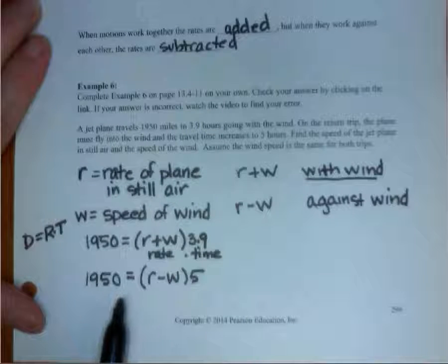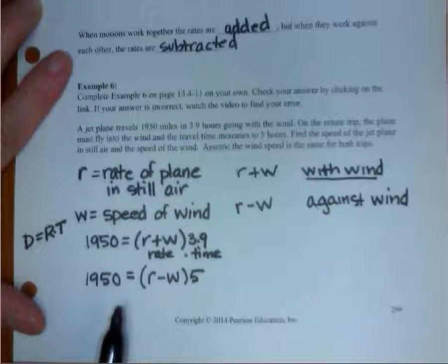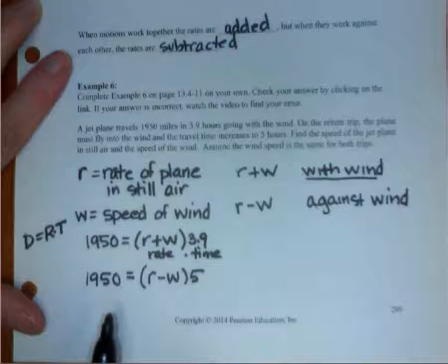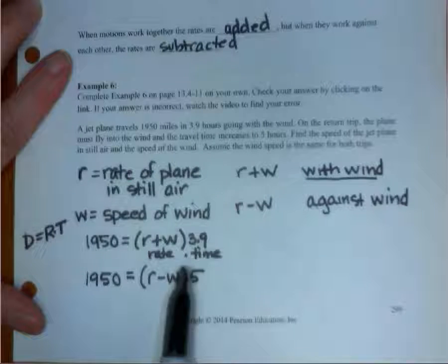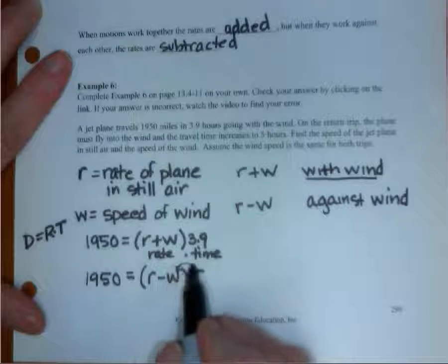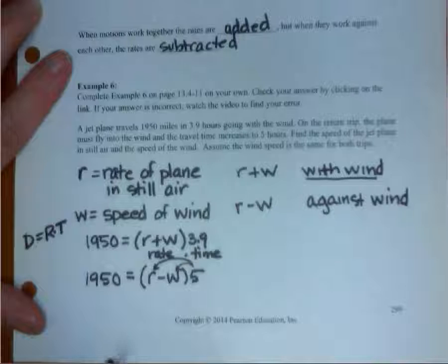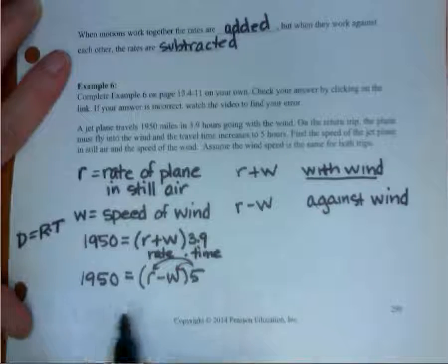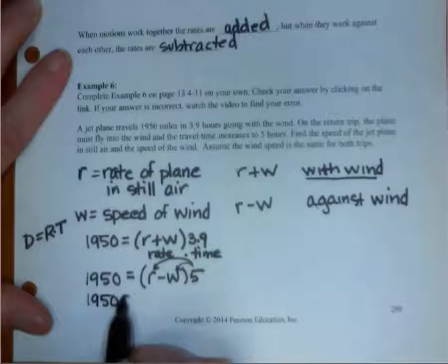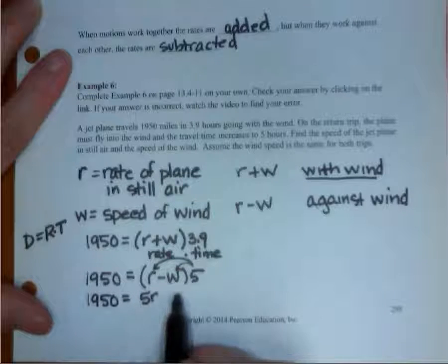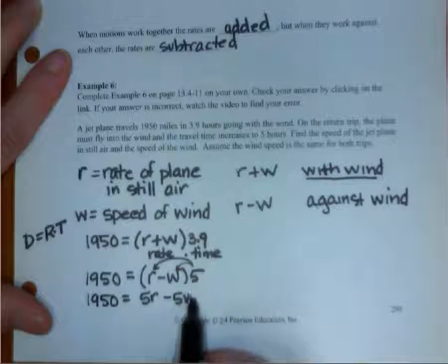So again, you can use substitution or elimination. It makes no difference. If you want to do either one, you're going to have to distribute these values. So I'm going to start with this one. 1950 equals 5R minus 5W.